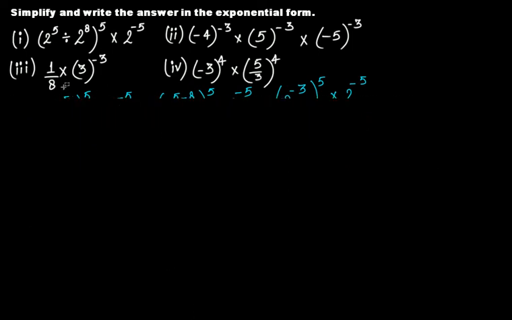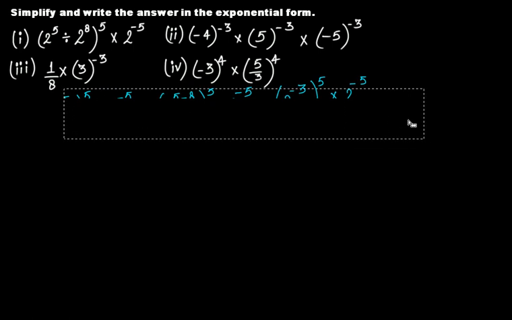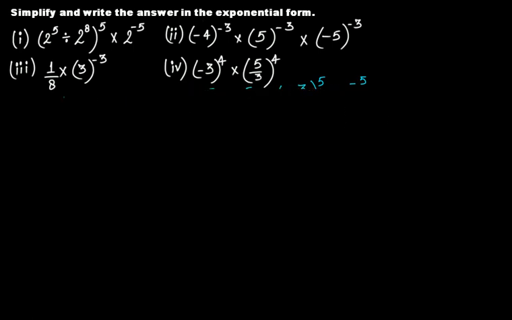The next one is minus 4 raised to the power of minus 3 multiplied by 5 raised to the power of minus 3 multiplied by minus 5 raised to the power of minus 3.